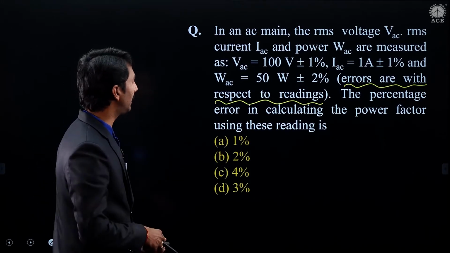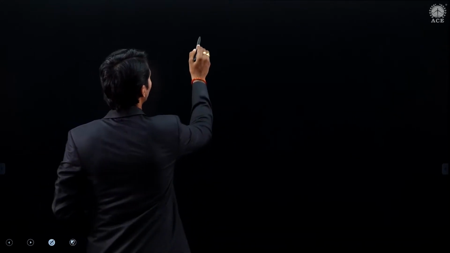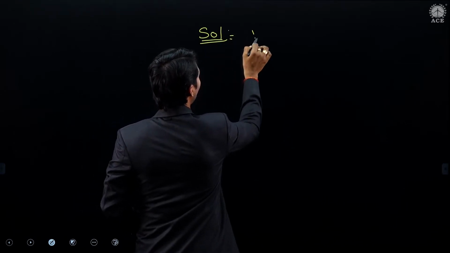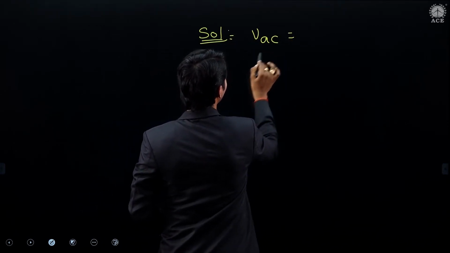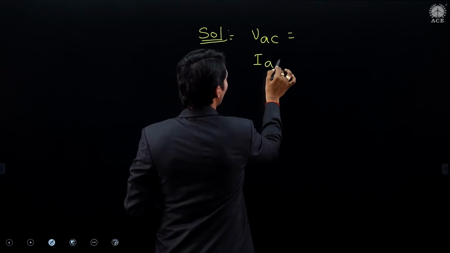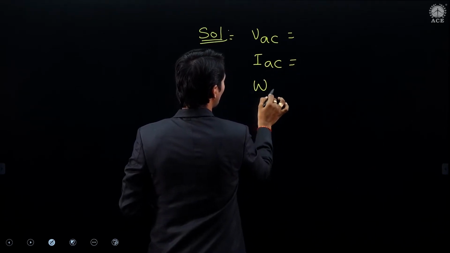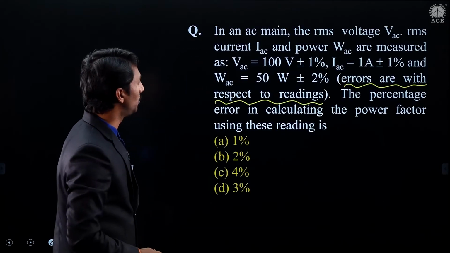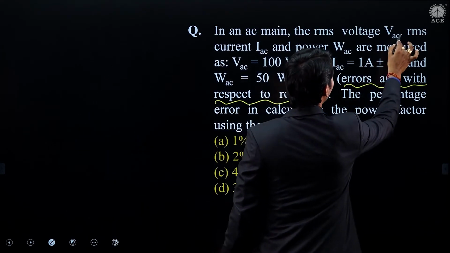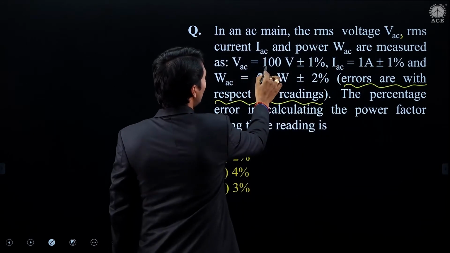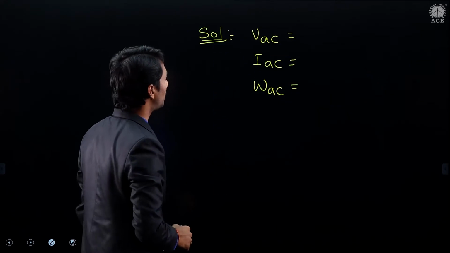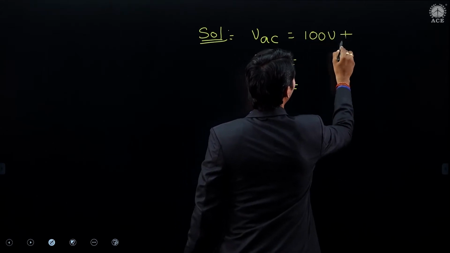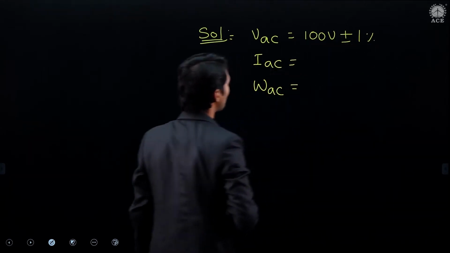Now let us write the given data. VAC, IAC and WAC. VAC is 100 volt plus or minus 1%.